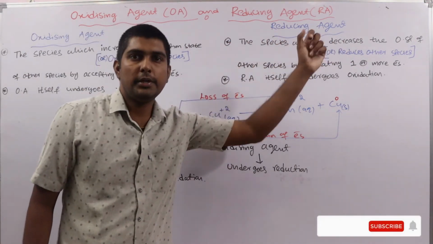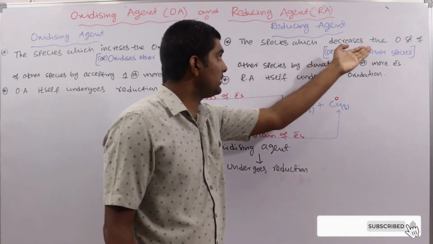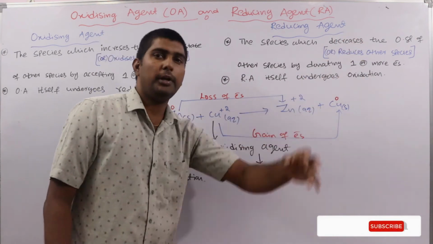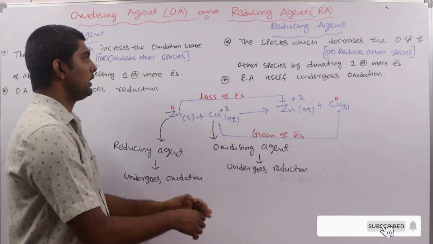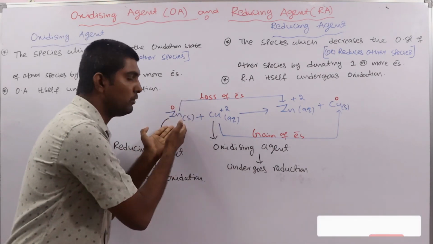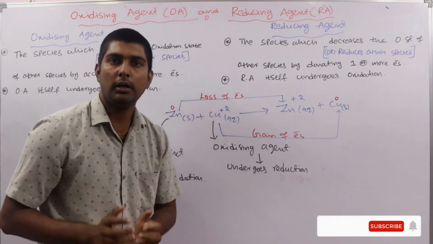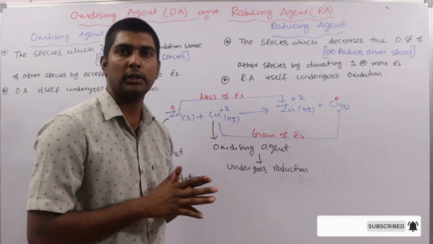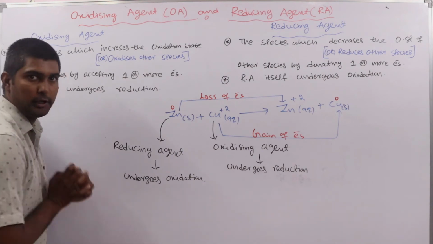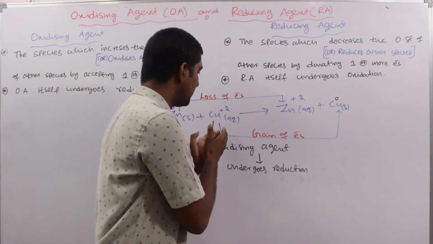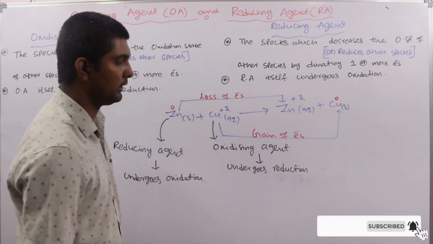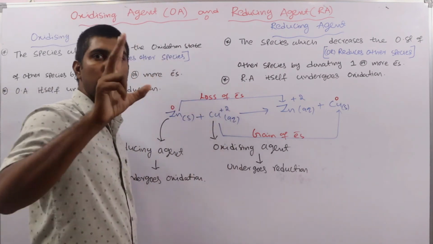So a reducing agent is the species which decreases the oxidation state of other species by donating electrons. Yes or no? So here zinc is the reducing agent, it is donating electrons. Already we discussed in a redox reaction, the number of electrons lost by the reducing agent is equal to the number of electrons gained by the oxidizing agent. See here, it is losing 2 electrons, here this is gaining 2 electrons.